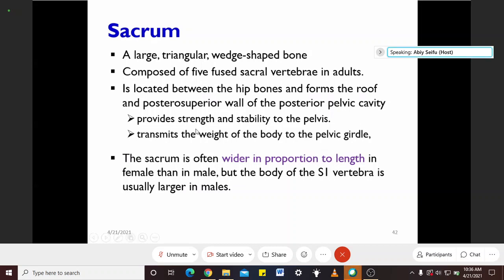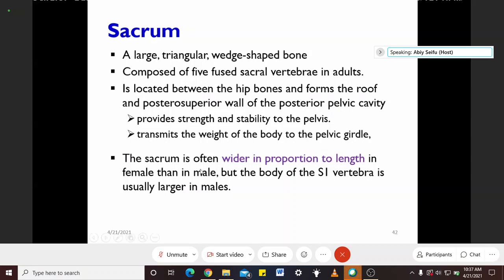So it forms the posterior wall of the pelvic cavity, and provides attachment for muscles and ligaments in the region, which provide support for the pelvic cavity. The sacrum receives the weight from the lumbar vertebrae and transmits the weight to the pelvic girdle, that means at the sacroiliac joint.